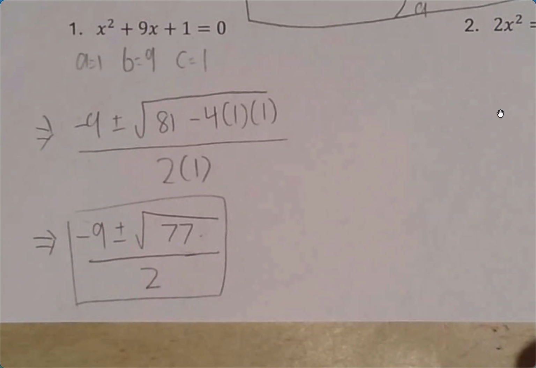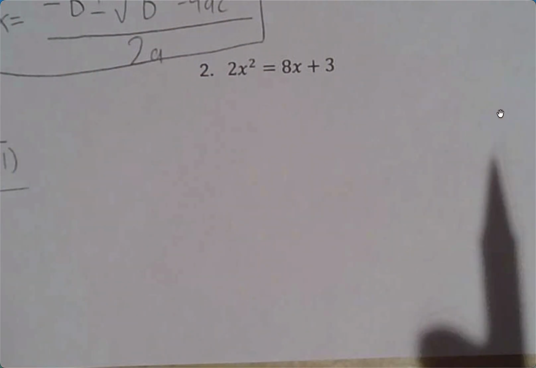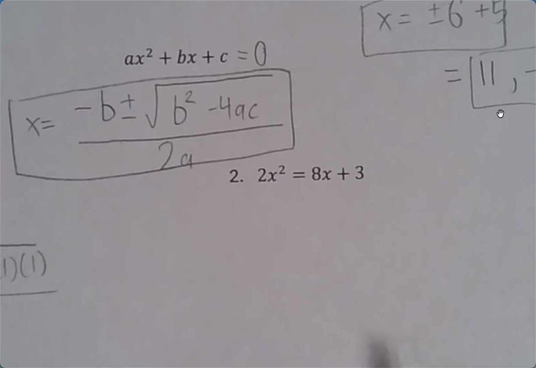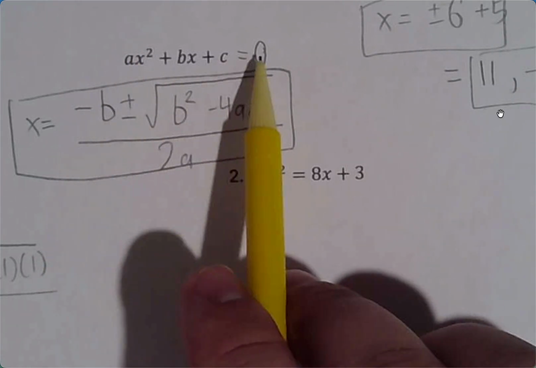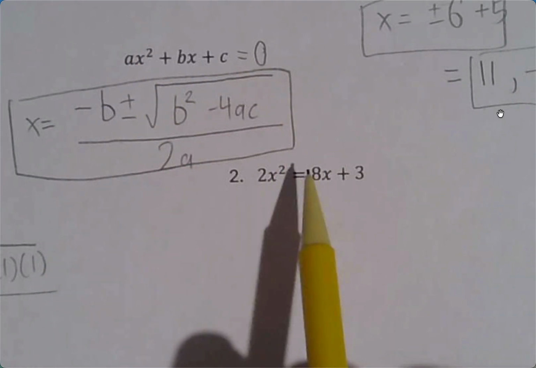Okay, now that was example number 1. We're going to try to do these quickly, but again, these are really kind of the most intense parts of the course we've gone through so far. So, in this next example, we need to look up and realize that our definition says it needs to be set equal to 0, and it's not.